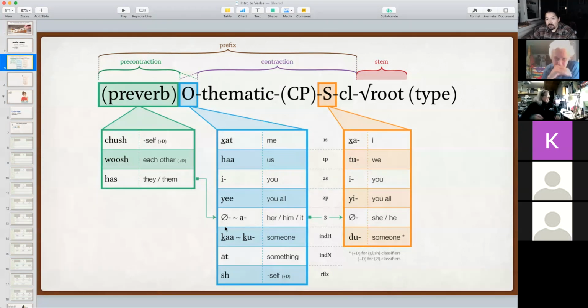Yes. So, but this fourth person human has a possessive pronoun. So you'd say ka'i shatu or ku'at shatu. So, okay, sorry, ka'i at shatu or ku'at shatu.